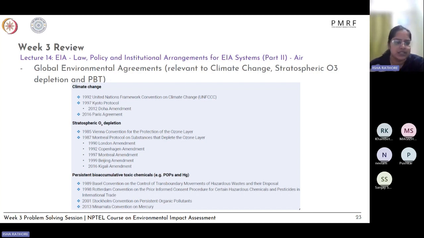Different environmental agreements relating to each of these categories are mentioned. For example, you have the UNFCCC, the United Nations Framework Convention on Climate Change. They have their certain aims and intentions and their own policy instruments, which you can look at in detail, along with other goals and what kind of environmental agreements lead to those arrangements.